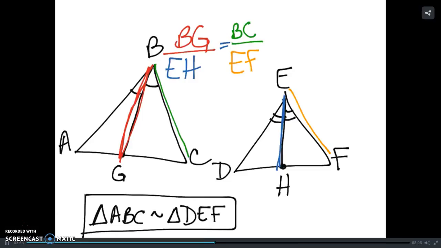And again, instead of EF, you could have chosen ED, and instead of BC, you could have chosen BA. That would be fine, as long as you have corresponding parts. So if you did use BA, it would have to be BA over ED, because those are the corresponding sides. All right? So that's if we have angle bisectors, then those are going to be proportional.